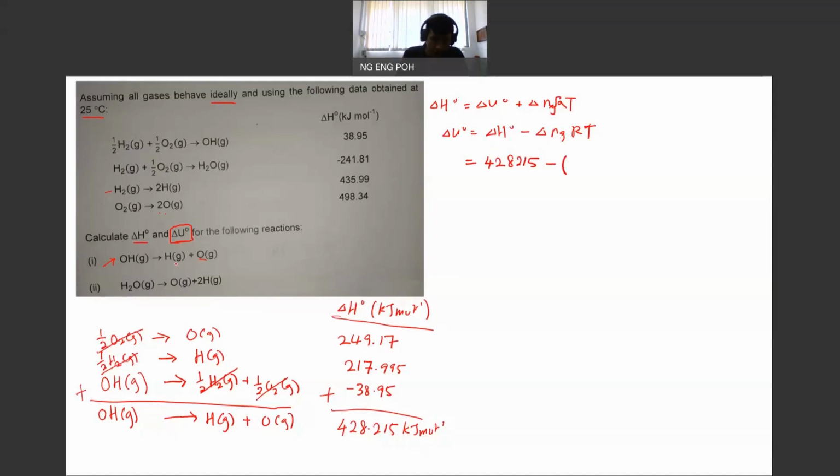Here you have 2 mole gas and here you have 1 mole gas, so 2 minus 1, R is 8.314, T is 298 Kelvin.